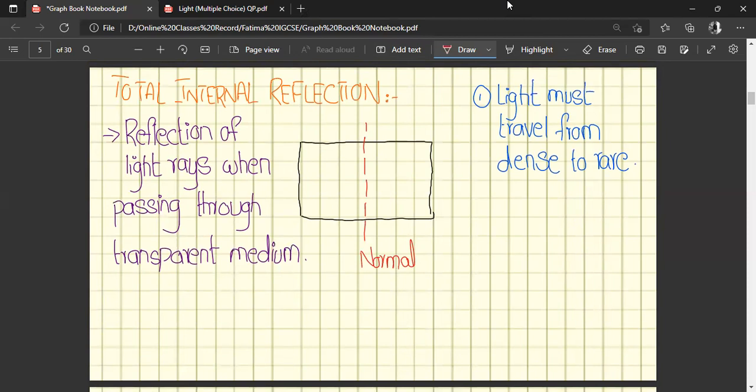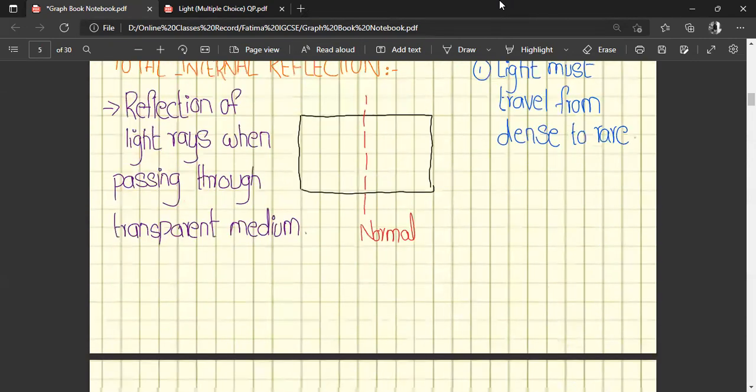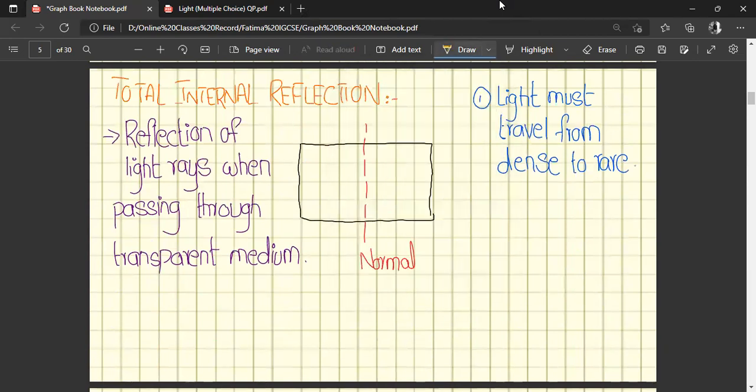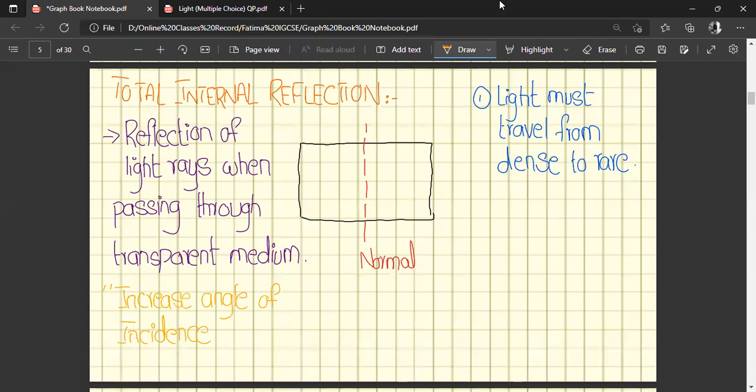But if we increase the angle of incidence, like in the previous example we considered only one random angle of incidence, since light is bending away from the normal, if we increase the angle of incidence, it starts bending more away from the normal line, right? Yes.